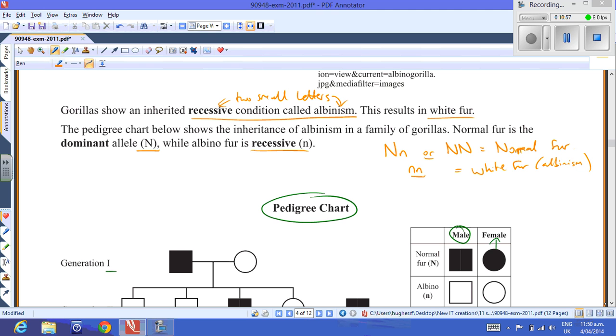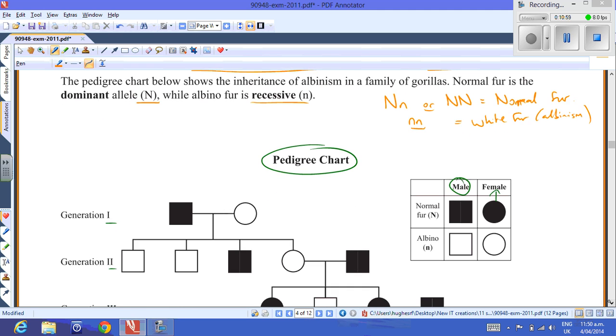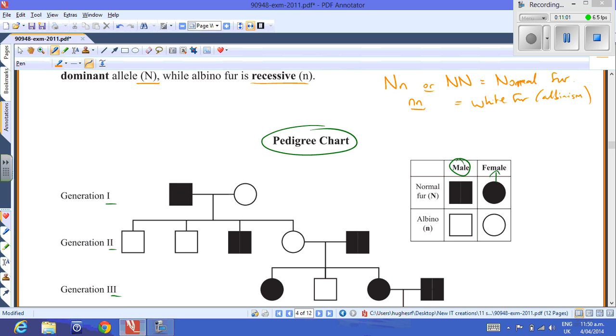And then we look at how this is illustrated in the pedigree chart. So in the pedigree chart, an ape or gorilla with normal fur is going to be a black box, and a female will be a black circle, whereas an ape which is albino will have a white box, or a white circle if it's female.